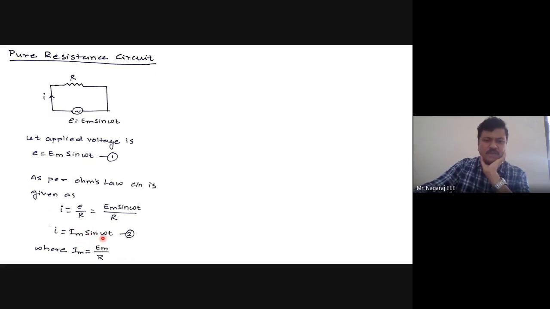So the phase angle difference between voltage and current is 0. From equations 1 and 2, there is no phase angle difference between the voltage and current. Therefore, I can say very confidently that current and voltage are in phase.